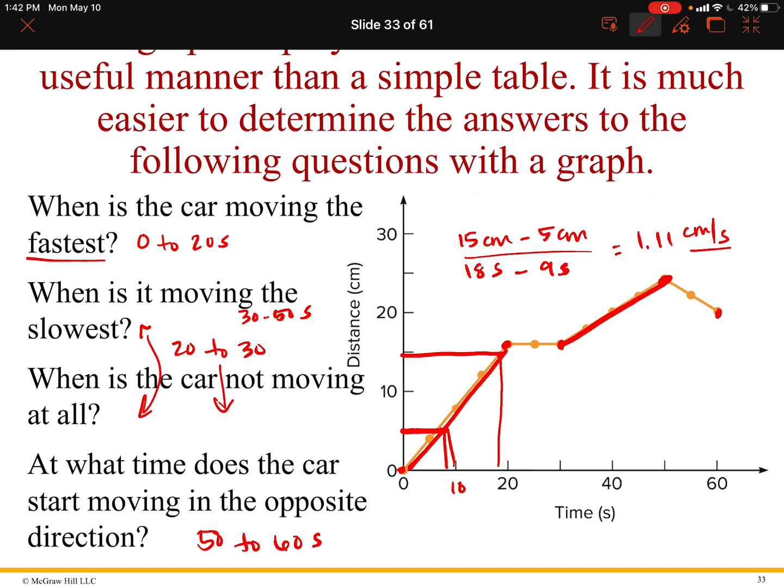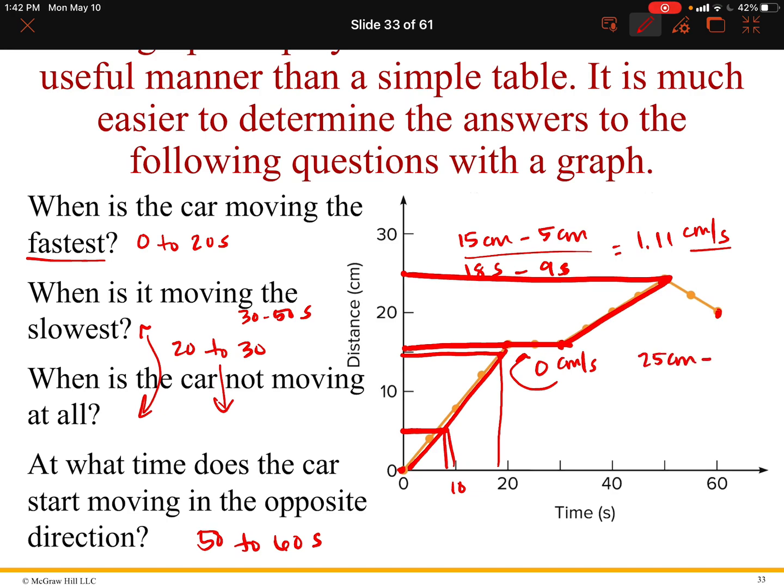Then we have from 20 seconds to 30 seconds where there's absolutely no slope at all. So that would just be 0 centimeters per second right there. Then let's see if we did right there and right there.